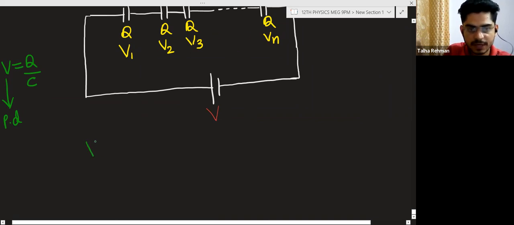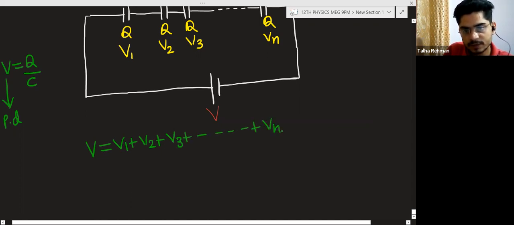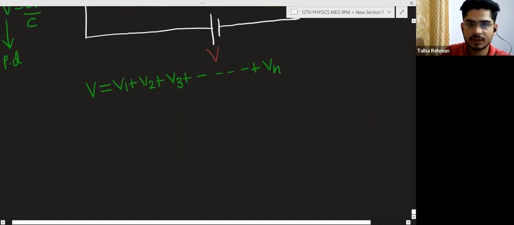Means I can write V is equal to V1 plus V2 plus V3 plus and so on plus Vn. This is equation 1.